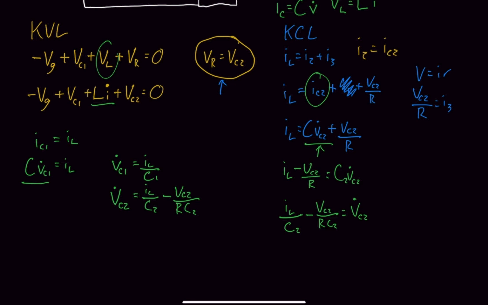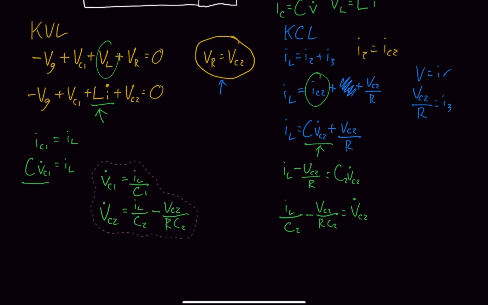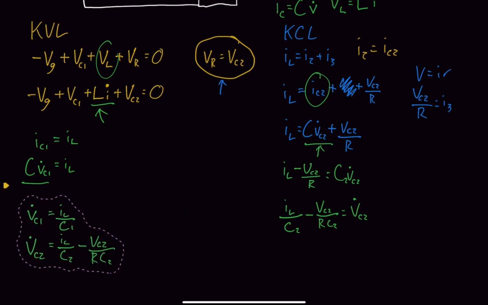Now let's look for our IL. We can rearrange this. Let's just make it negative: negative L I dot equals negative VG plus VC1 plus VC2.